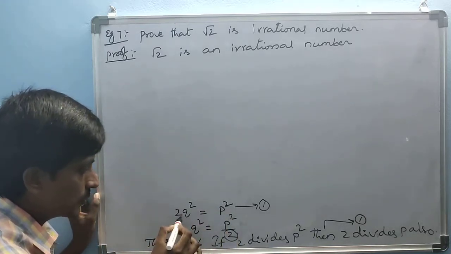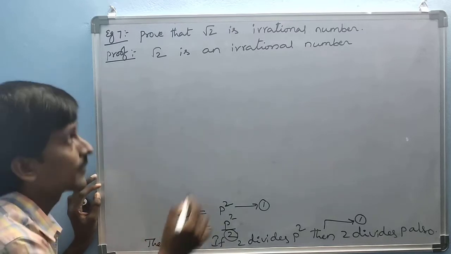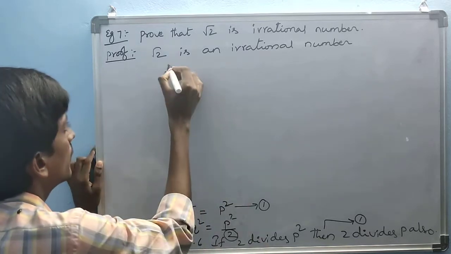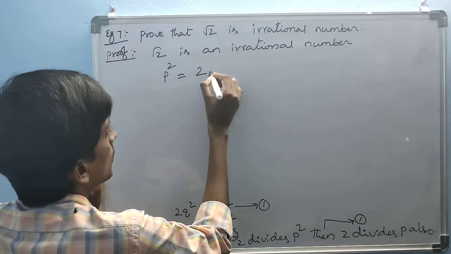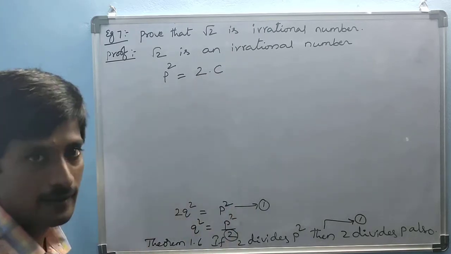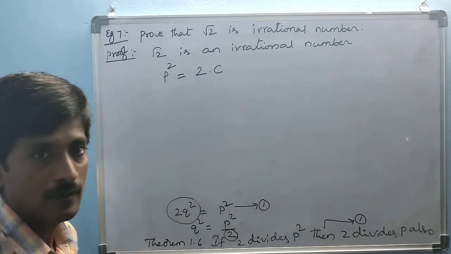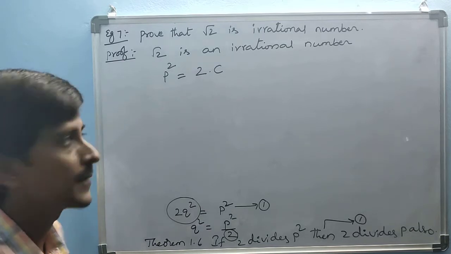Now, p square equals 2 into something, say c. 2 into something means an even number. Okay.